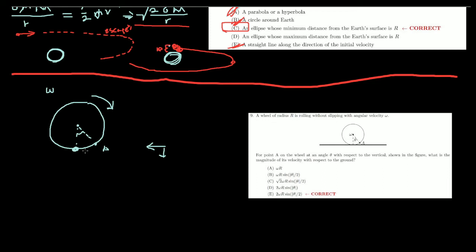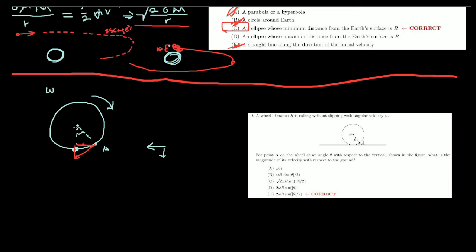In order to find our horizontal velocity vector of A, we could just use similar triangles here. We know that A's velocity is going to be tangential, this way. We want to find its horizontal velocity, so we just need to find this line right here.